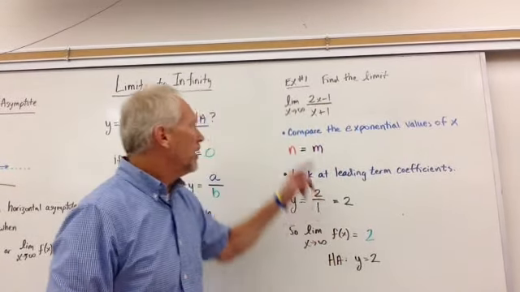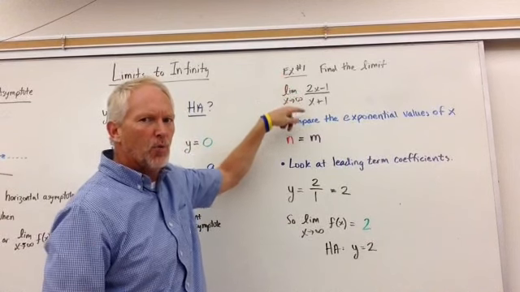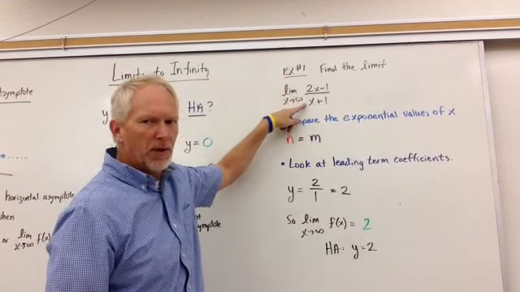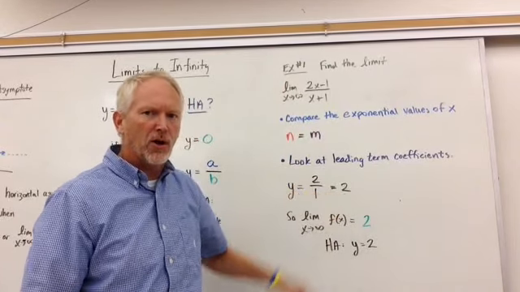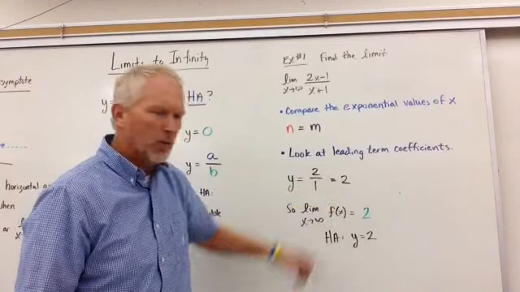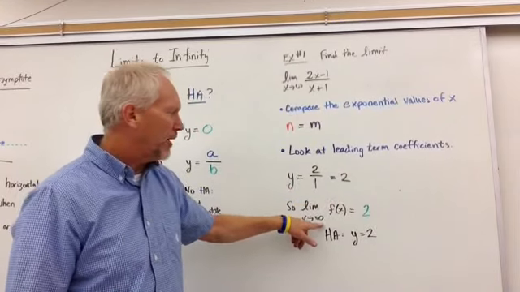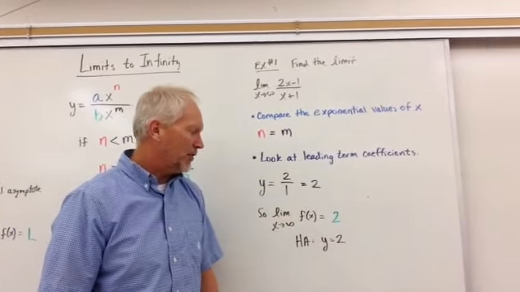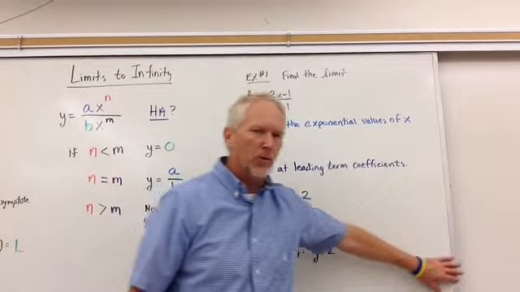In this case, our a is 2 and our b is 1. Since our b is 1, it's 2 over 1. Our y value, or our horizontal asymptote, is equal to 2. And thus, the limit as x approaches infinity of f of x is 2. Horizontal asymptote, again, at y equals 2.